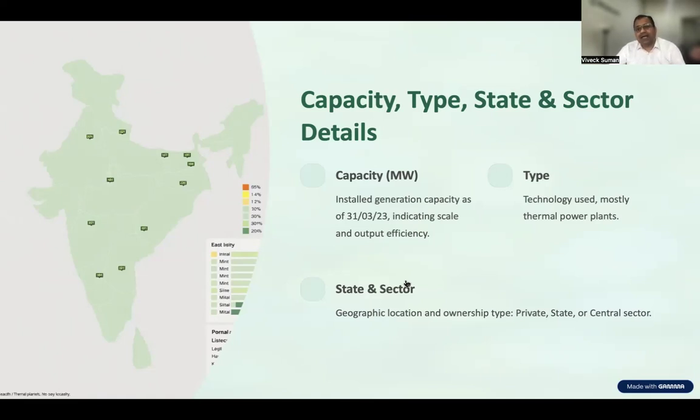Now, if you look into type, state and sector, type usually means we are talking about thermal, as simple as that, because this is developed for thermal power plants. State shows where this plant is located, in which state. I think nobody will have an issue there. Sector tells us specifically if it is government owned, state or center operated, or a private one.